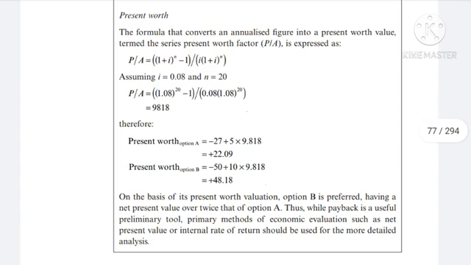While on option B, negative 50 plus 10 multiplied by 9.818, we have 48.18. So on the basis of its present worth valuation, option B is preferred, having a net present value over twice that of option A. So the result of option B is twice the result of option A.